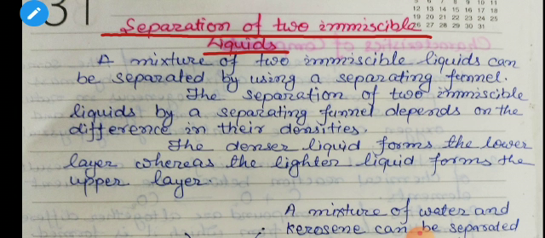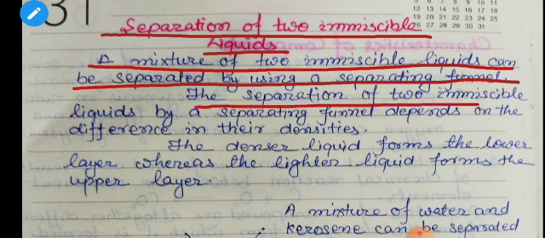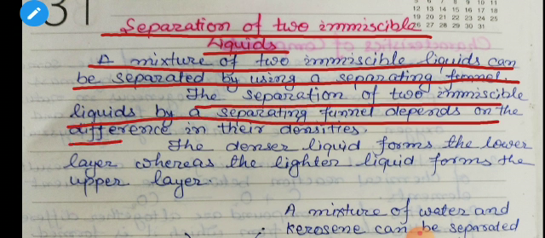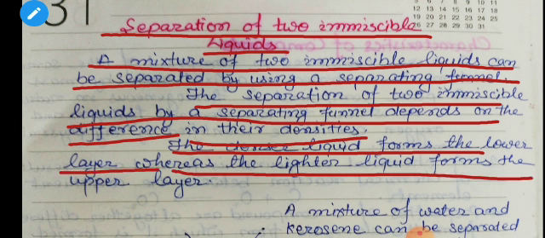Students, a mixture of two immiscible liquids can be separated by using a separating funnel, and the separation of two immiscible liquids by a separating funnel depends on the difference in their densities. The denser liquid forms the lower layer, whereas the lighter liquid forms the upper layer.